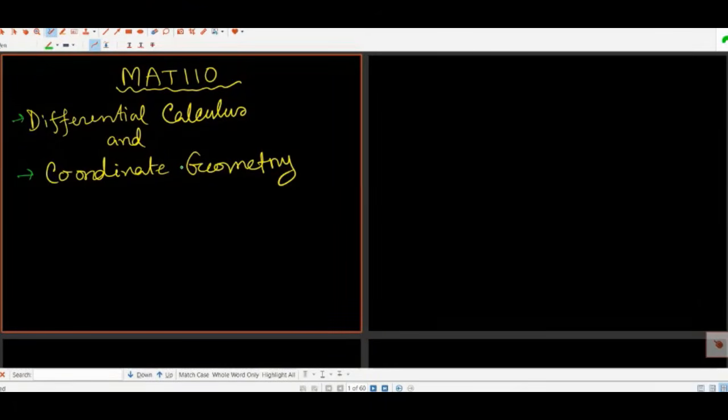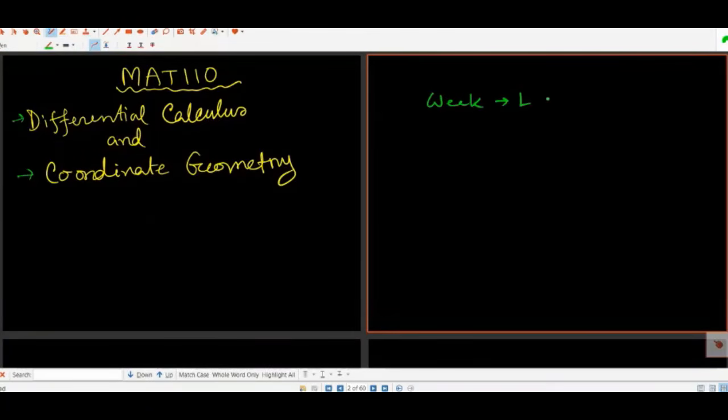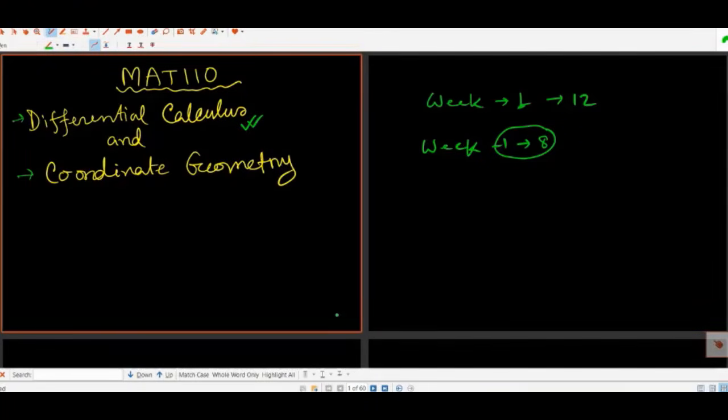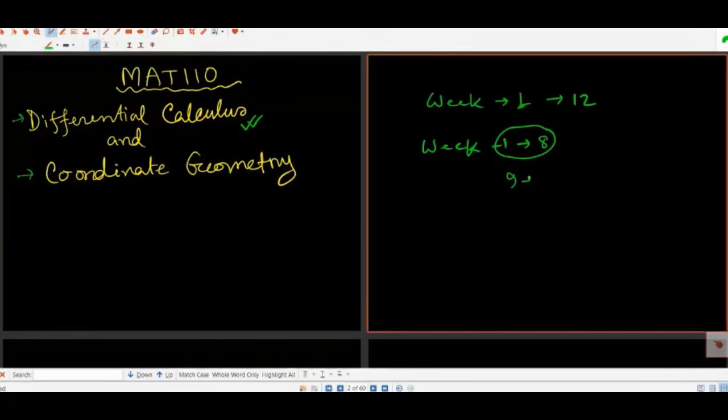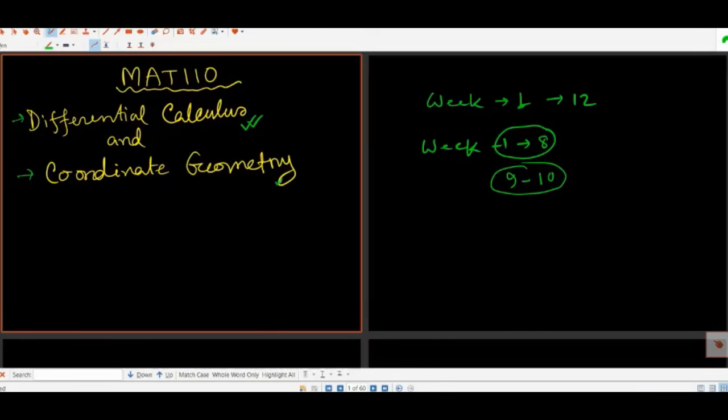So let's start. So you know that this syllabus is designed from week 1 to week 12. From week 1 to 8, you will be taught the differential calculus part. And from 9 to 10, you will see some contents from coordinate geometry.